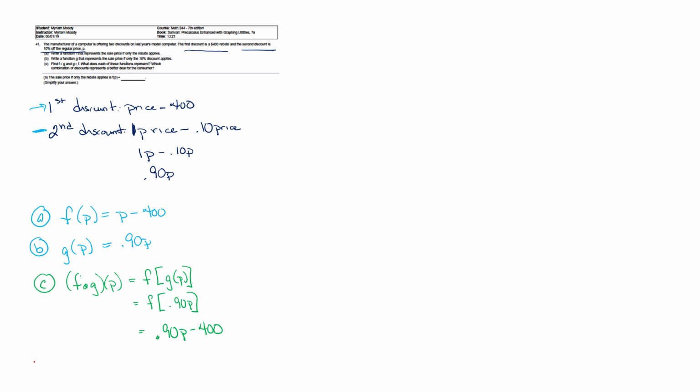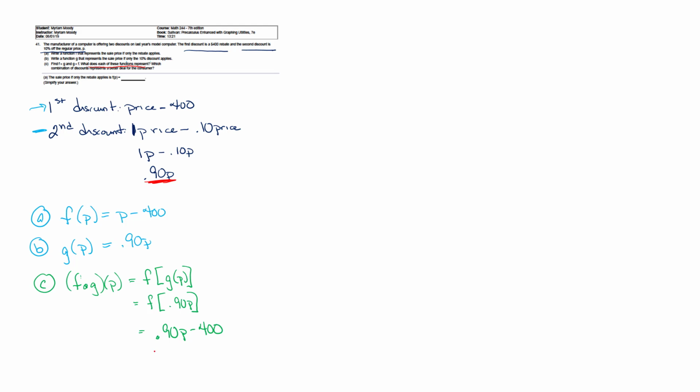Cool. Now look, they said, what does each of these functions represent? Well, we know what 0.90p represents. What does that represent? Yeah, that's us paying 90% of the original price. And then we're minusing the rebate from that.